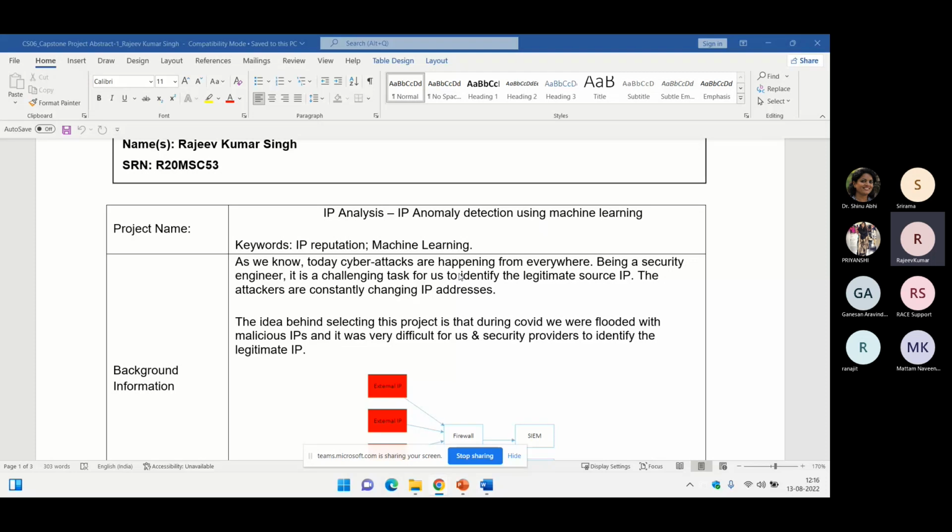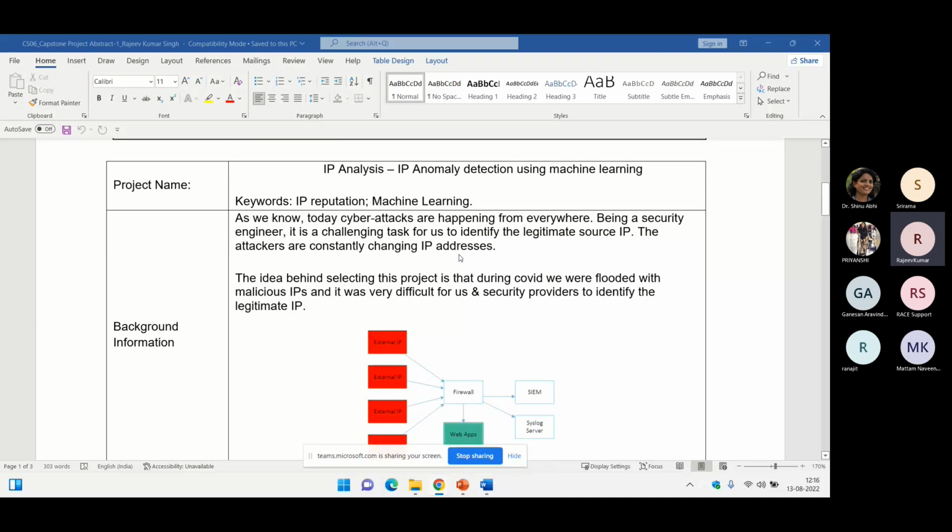So this idea is related to a real time attack which we encountered in 2020 during COVID. That's the reason I have taken this capstone project completely on real time attack scenarios.